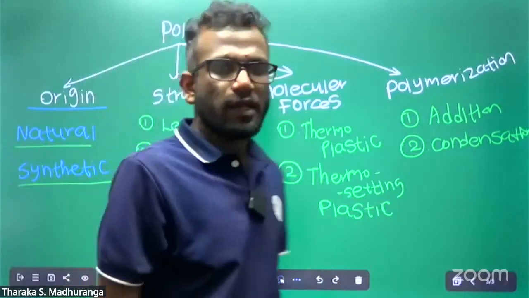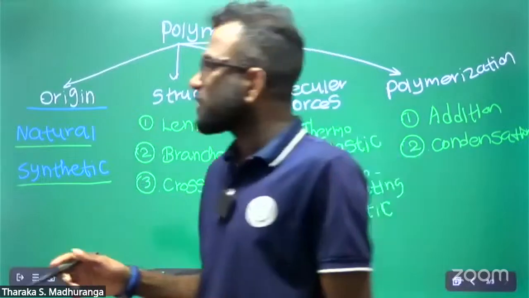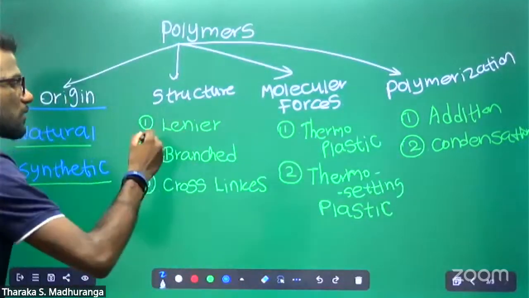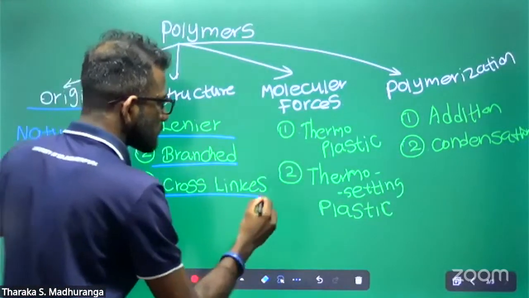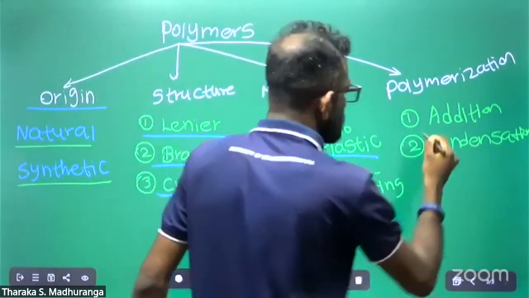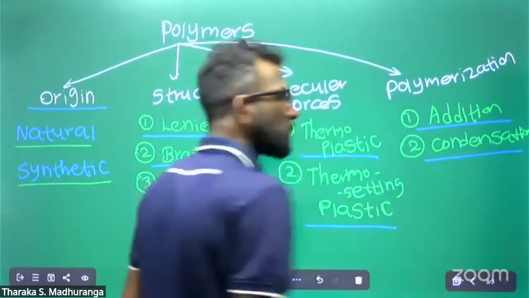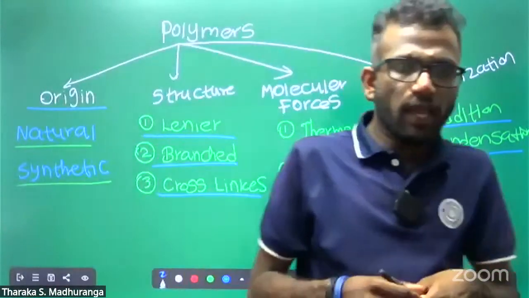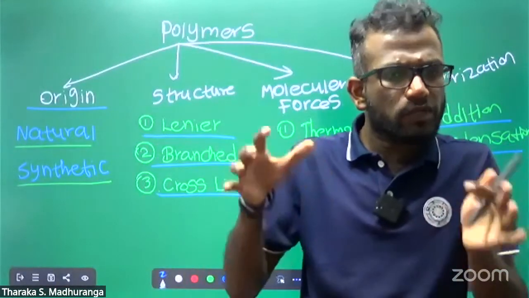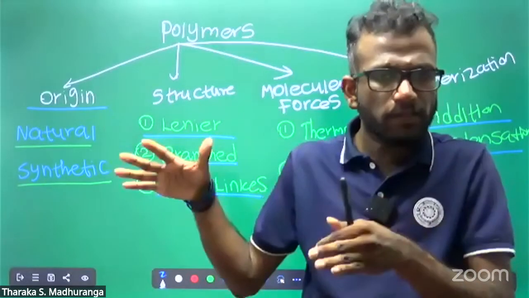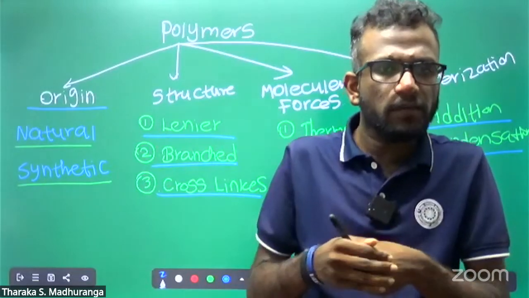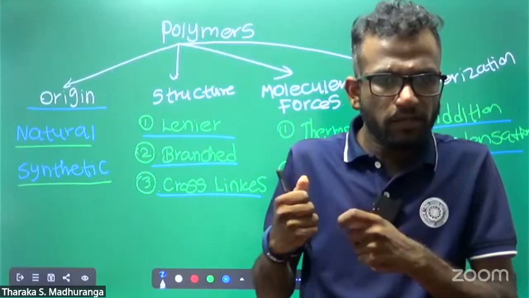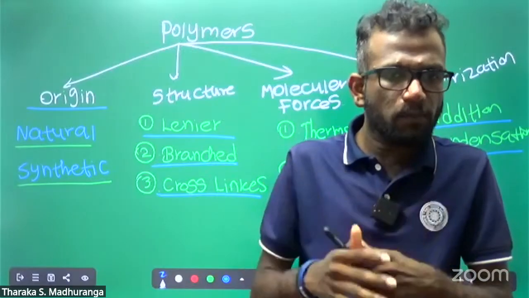Now, what I explained, mainly, is that we can classify polymers according to four subtopics. According to the origin: natural polymers and synthetic polymers.